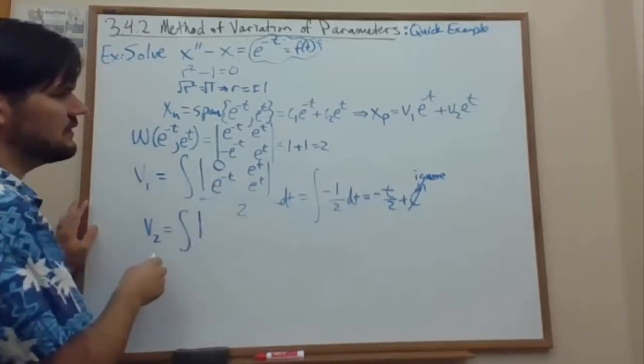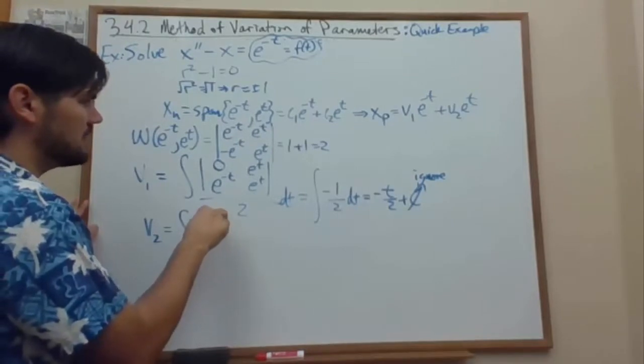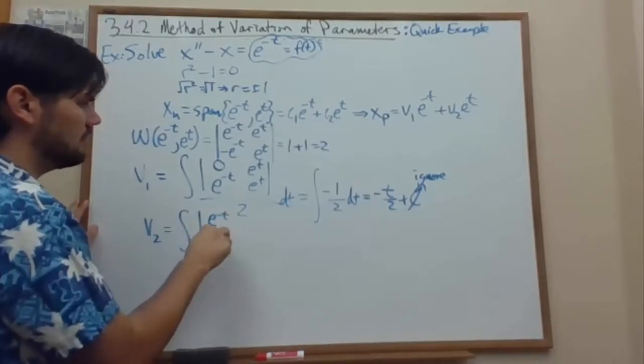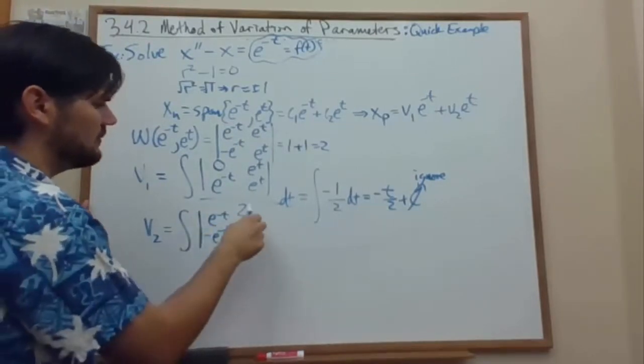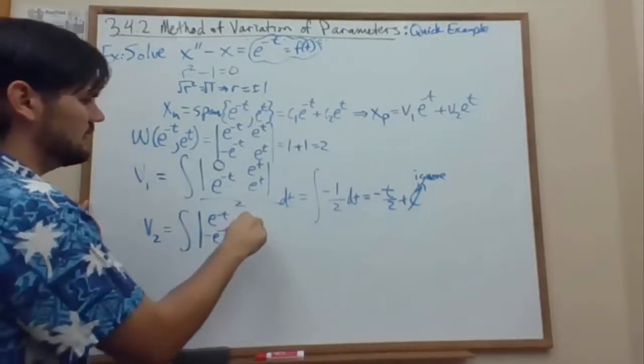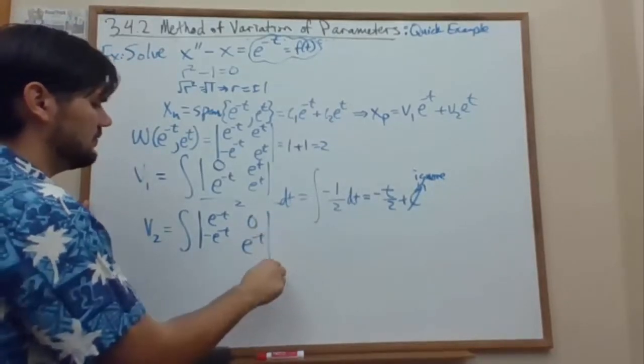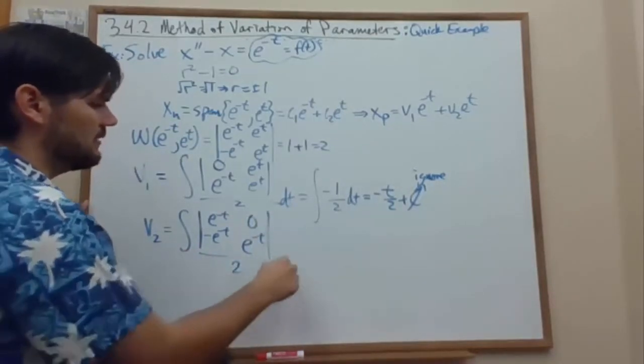Then on our V2, we get the second modified Wronskian. So we have the first column the same. Second column this time is 0 and f of t, which is e to the negative t. Divide by 2 again.